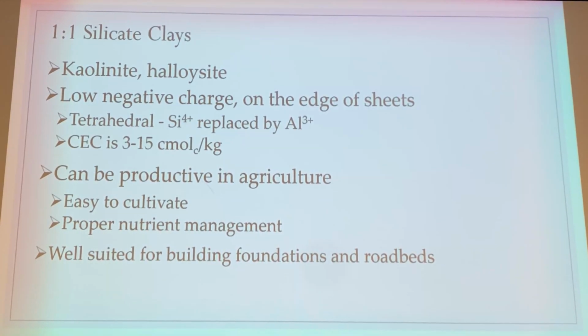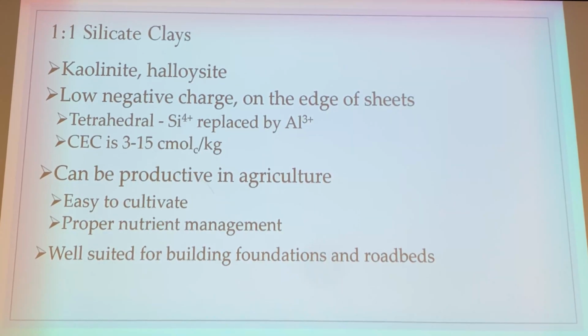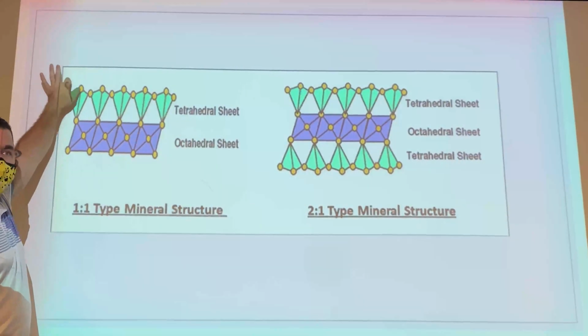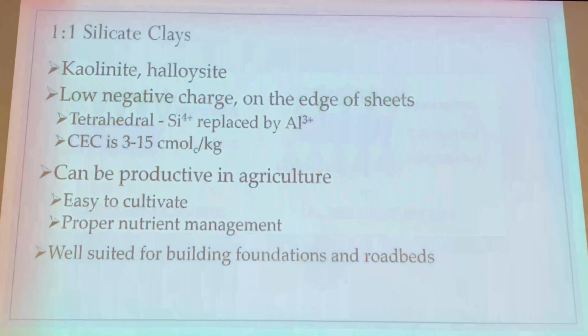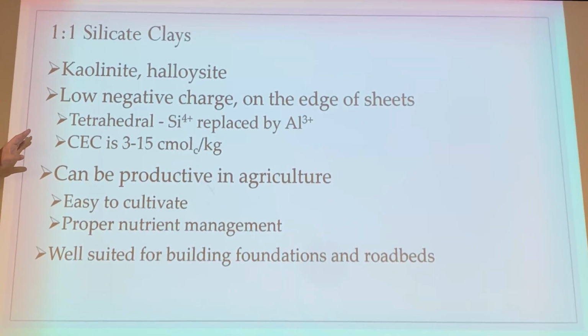So for our 1-to-1 kaolinitic soils, we have low charge, so we have small cup. The charge is going to be on the edge of those sheets. Hold on, I'm going to go back just a little bit. The charges are going to be right here. This is where the charge is going to be on a tetrahedral. And our low CEC, prime indicator that you have a kaolinitic soil.